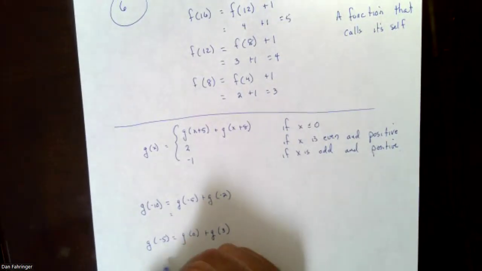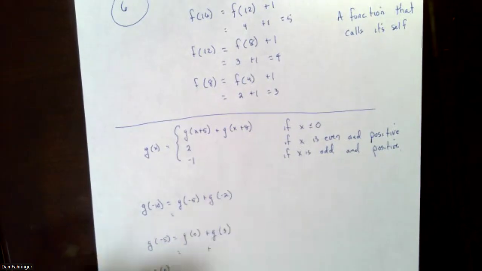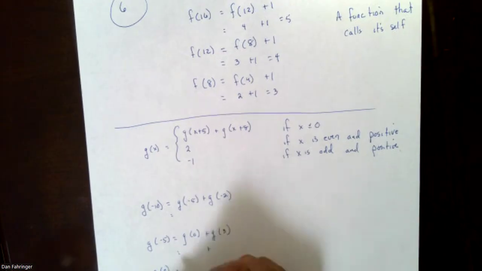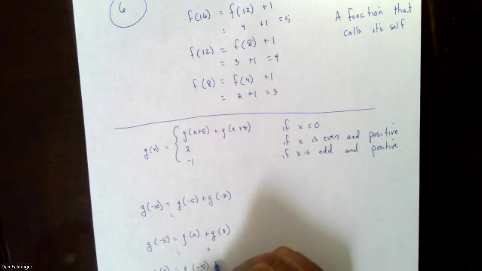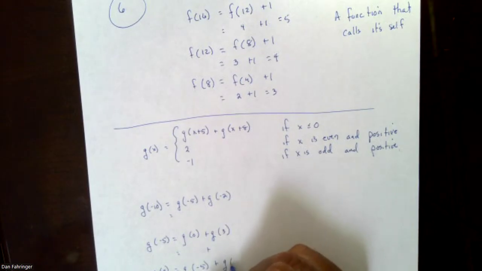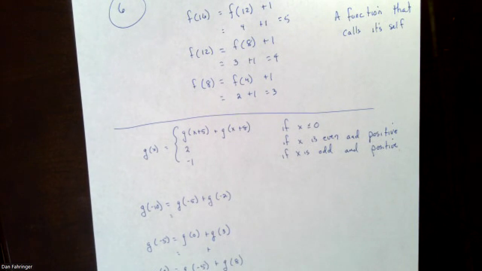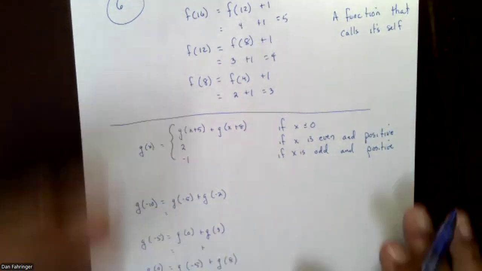Staying over here, I got that sum. G of 0 equals g of negative 5 plus g of 8. G of negative 5, oh my goodness. I'm going to find that in a minute.